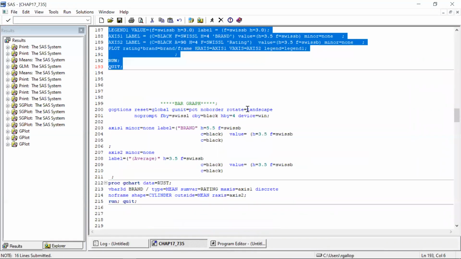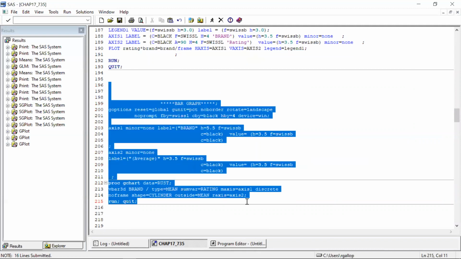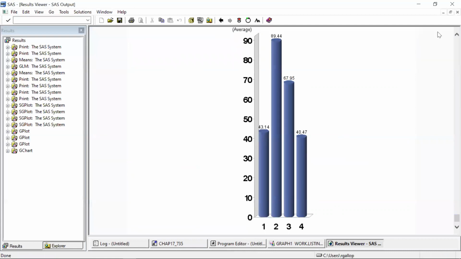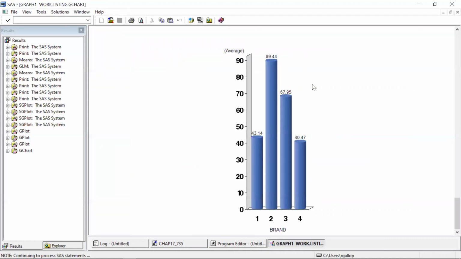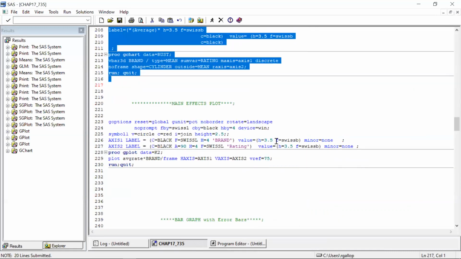And then this one isn't too bad of a figure, but it's giving you this kind of cylinder plot. But again, it's only knowledge of the mean. Again, that's using Proc G chart.